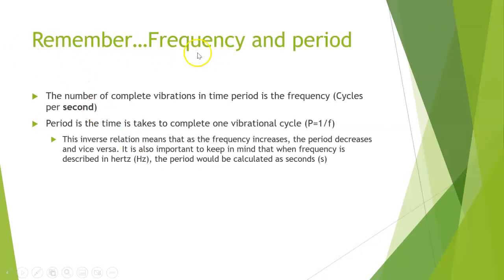And just a refresher about the relationship that is shared between frequency and period. The number of complete vibrations in a time period, which is usually seconds, so time period is almost always in seconds, is the frequency, and the measurement is cycles per second.